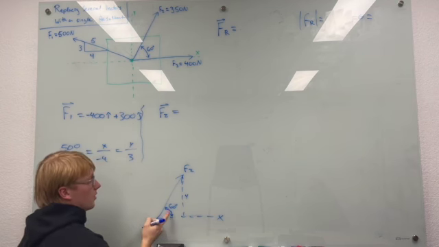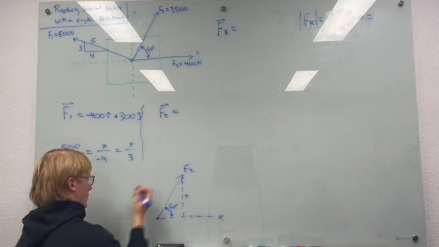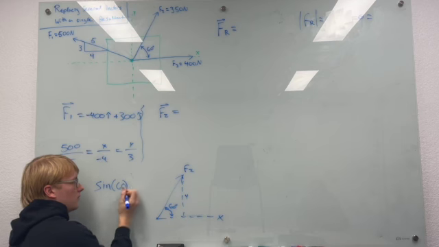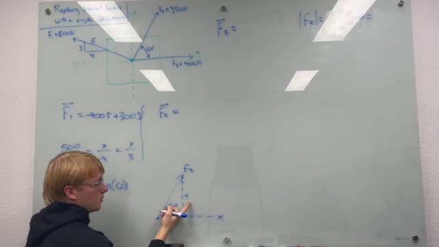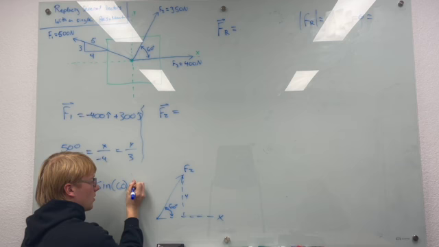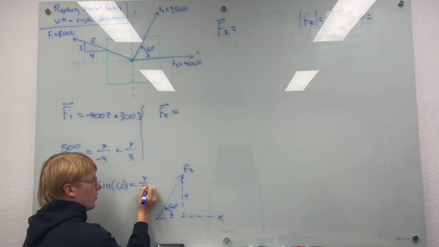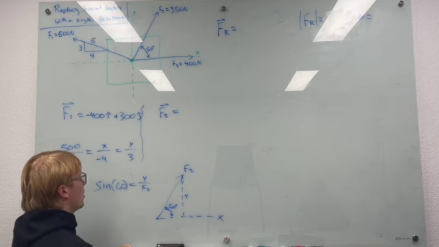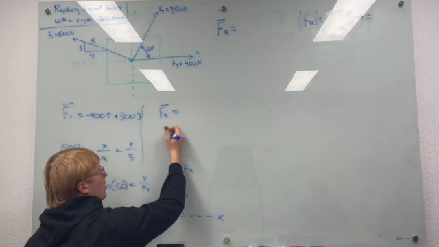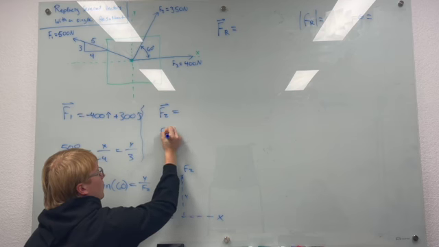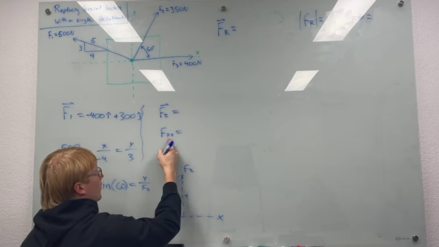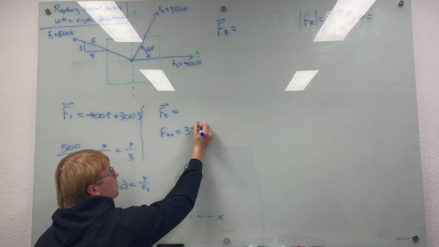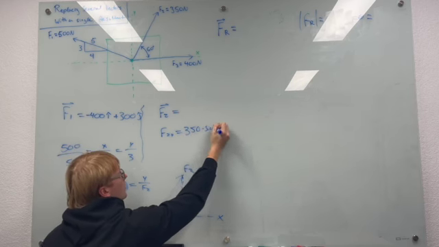So if I took the sine of 60, it would be the opposite over hypotenuse. So it's going to be the y component over the magnitude of F2, which is something we know. So if I solve for y here, I'm going to get the y component of F2 is going to be 350 times sine of 60.